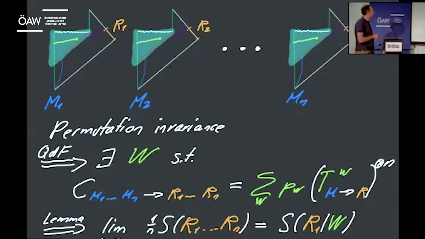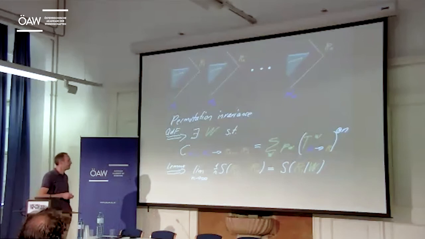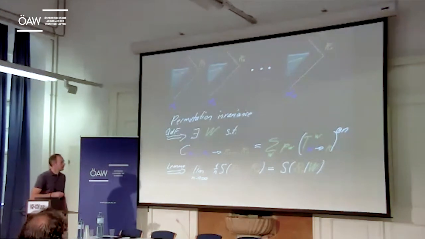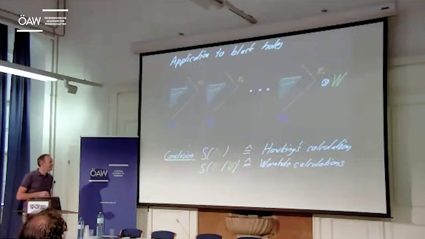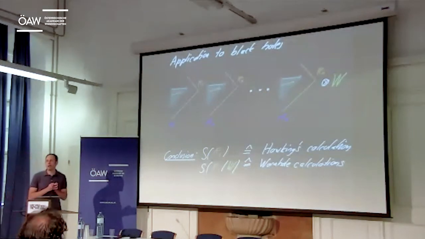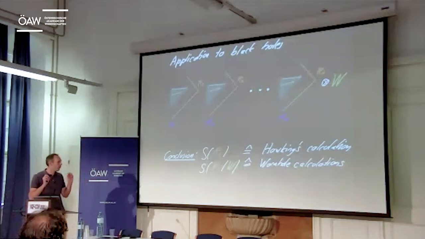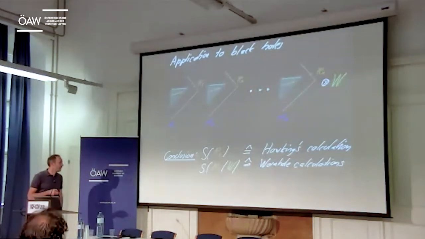Now the lemma I've shown you before is that when you calculate this thing here, you really get the entropy of R given W. So why is this now interesting? You can now give meaning to the two different curves and say that both Hawking and the new calculations, which I call, by the way, wormhole calculations for obvious reasons, are kind of correct.